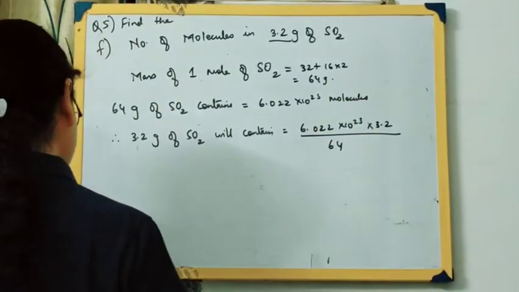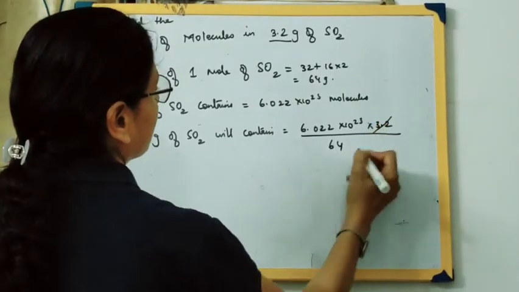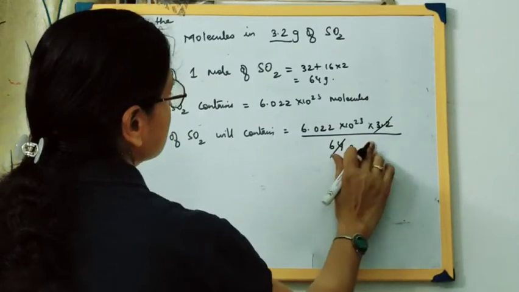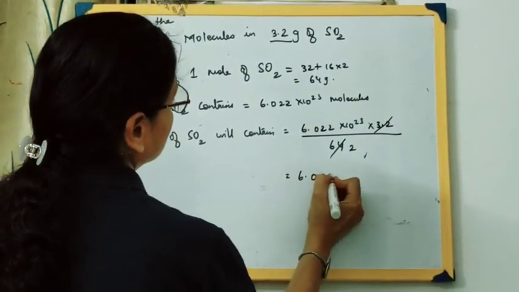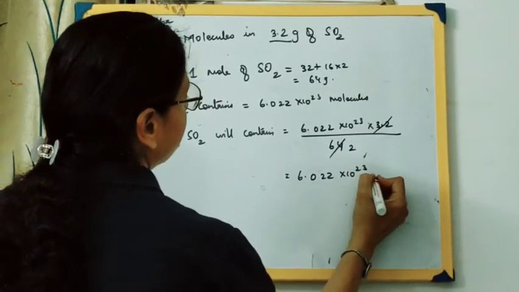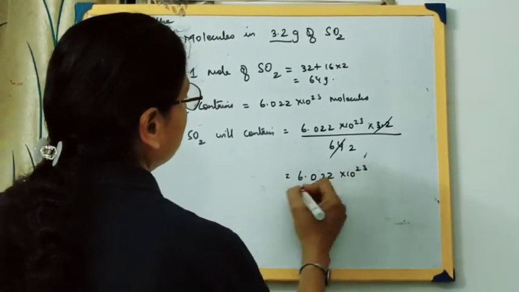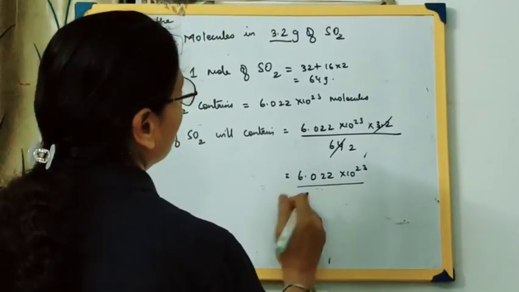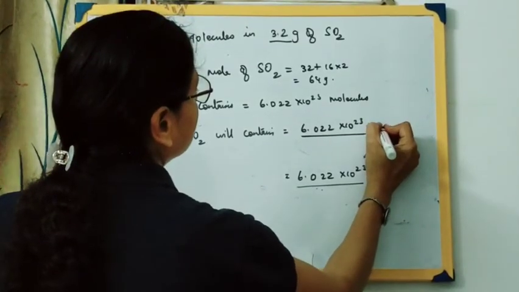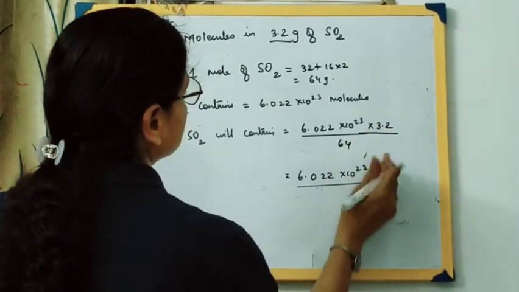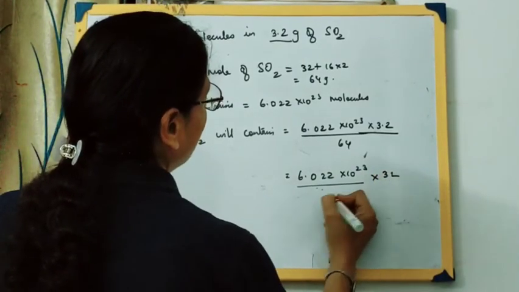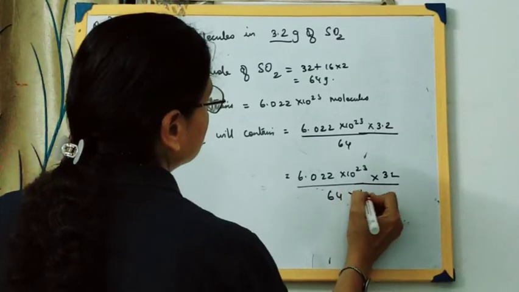Okay, so we get the same ratio. The next step you can write is 6.022 into 10 to the power 23, and 3.2 upon 64 we got it. Let us write one more step so there is no confusion: that is 32 upon 64 into 10.